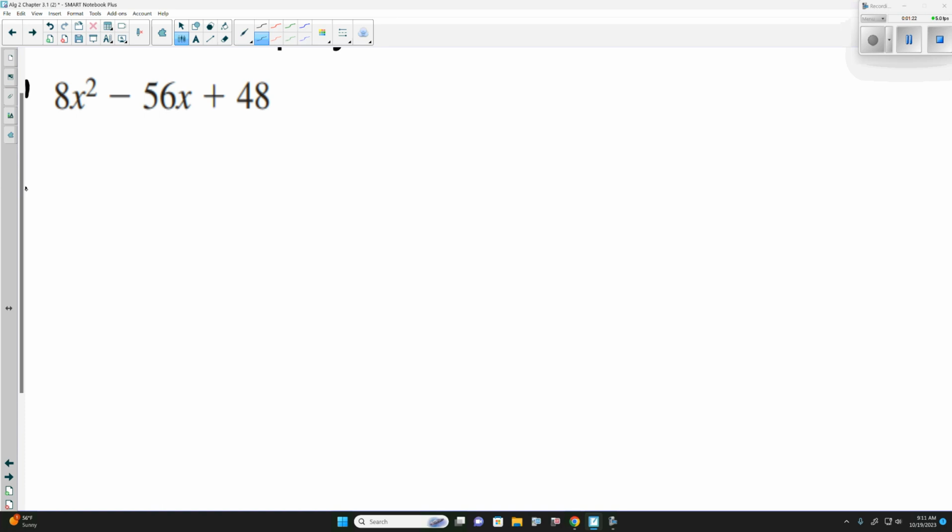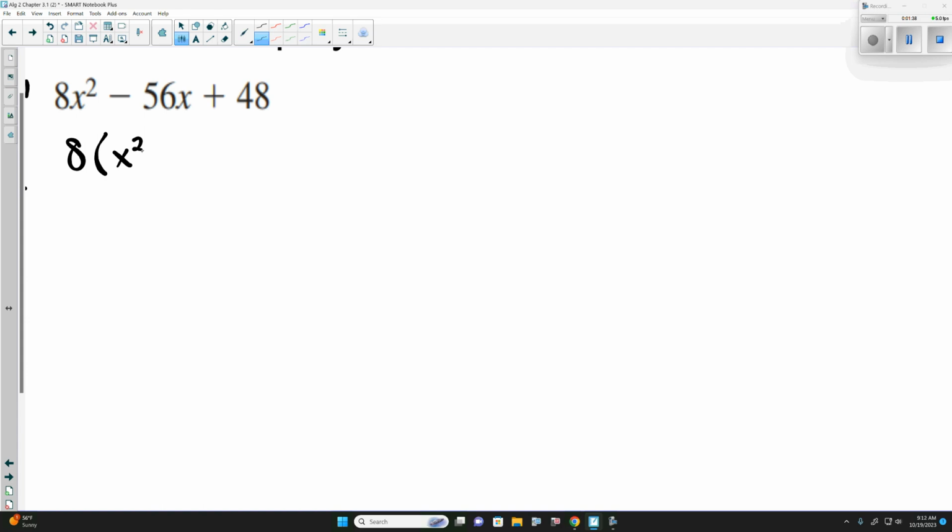Is there a greatest common factor between these 3 terms? So we're looking at 8. Because if we factor 8 out of 8x squared, we just get x squared.